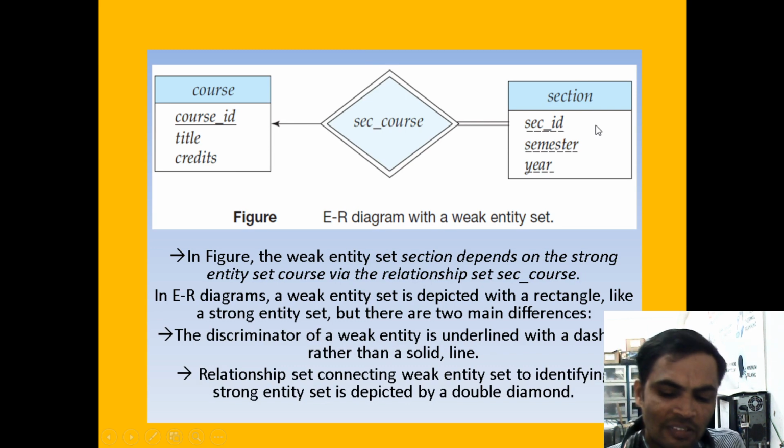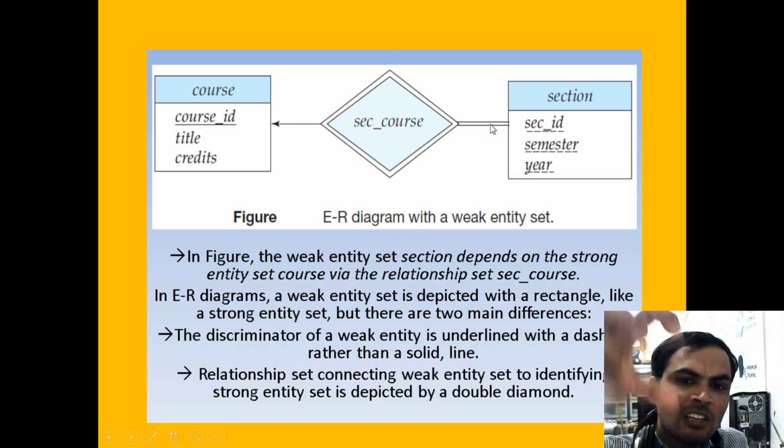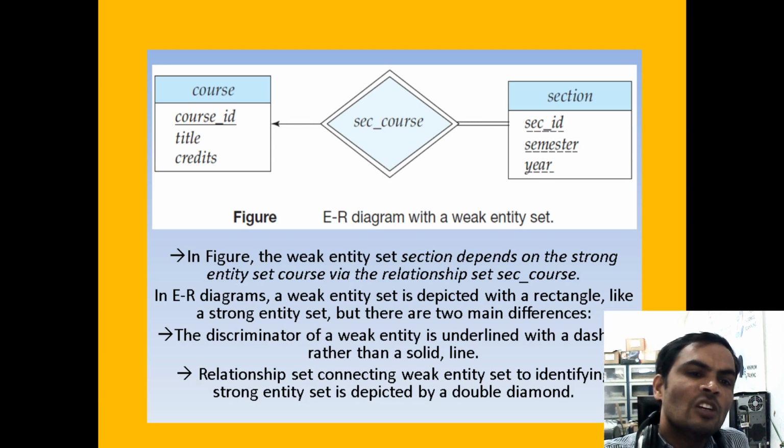The weak entity set can be made a strong entity set. Now, for the weak entity we should draw a double line. Double line means total participation: the section entity's participants should be available under the course. That is the purpose of the double line. The double diamond symbol is how we identify that it is a weak entity set.